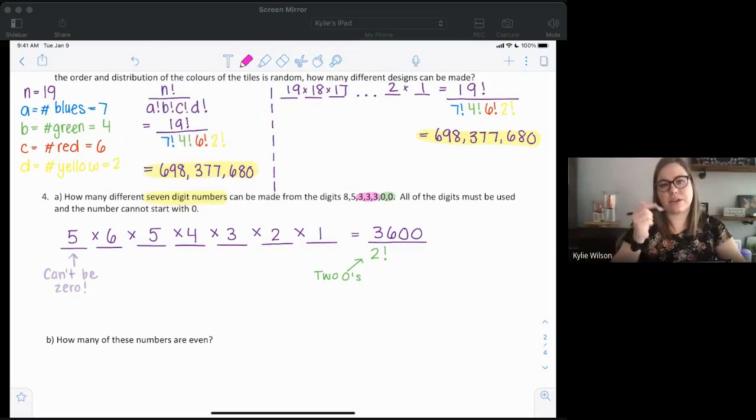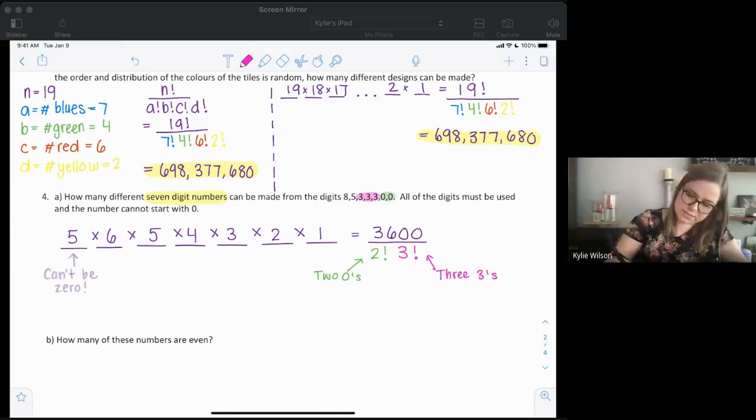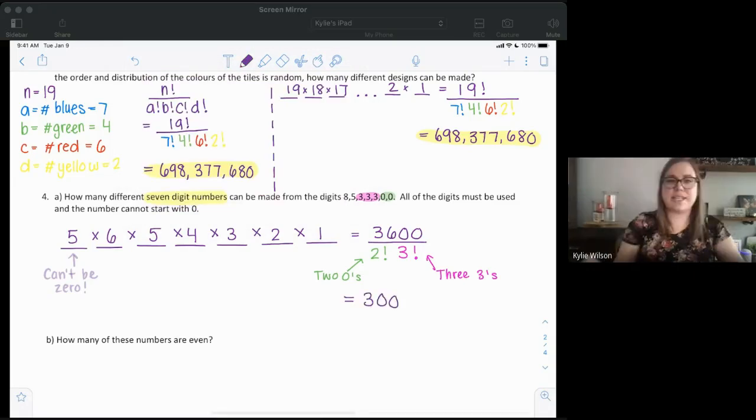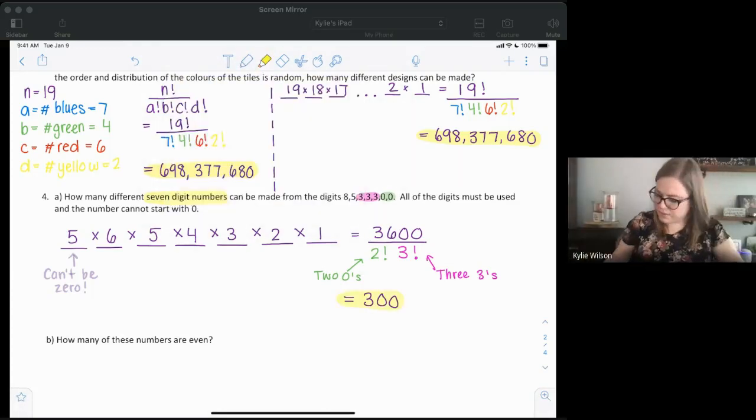Because in the current arrangement that we've put together, the 3s are all individual, but we can move them around amongst each other as much as they want because they're identical. So we don't want to count those. So let's divide by 3 factorial, because we have 3 threes. And then you can put that into your calculator and we'll get 300. There we go.